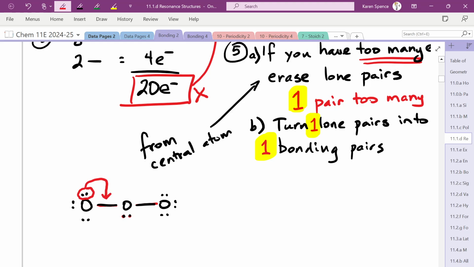Would it matter which one I moved? No. I'm going to give you a couple of options, though, just to show you where you could go wrong. What if you did this? Would that be okay? No, why not?